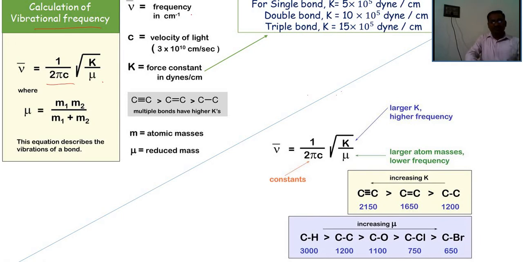Nu bar is the frequency in per centimeter, c is the velocity of light, k is the force constant, m is the atomic masses, and mu is the reduced mass. For a single bond, the k value or force constant is 5 into 10 to the power of 5. For a double bond, 10 into 10 to the power of 5. For a triple bond, 15 into 10 to the power of 5.